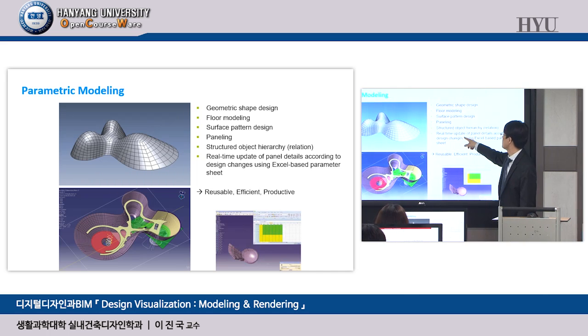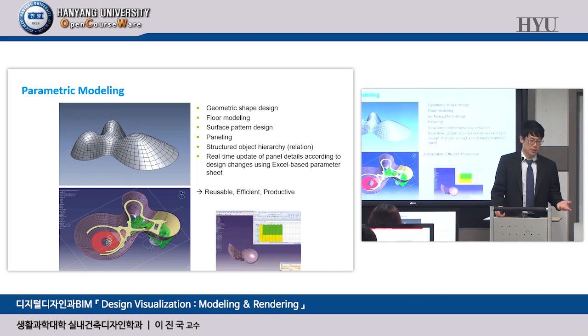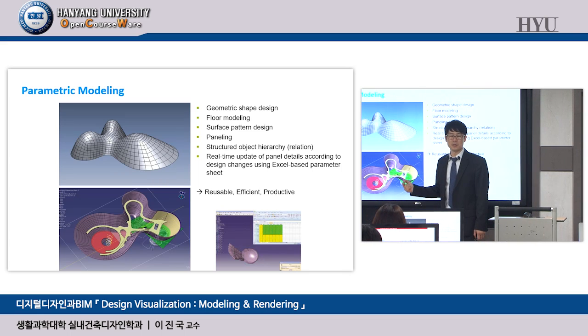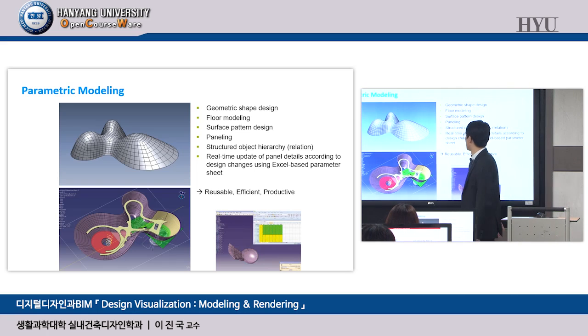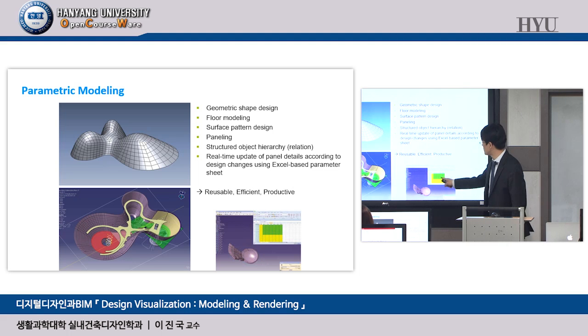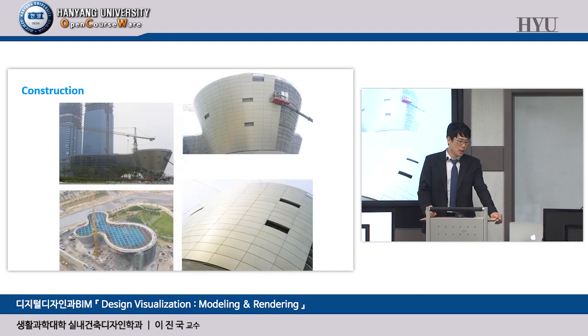Real-time update of panel details according to design changes, made by design optimization, constructability issues, and so on. The numbers here are simply parameters. That's why we are saying parametric modeling is here.